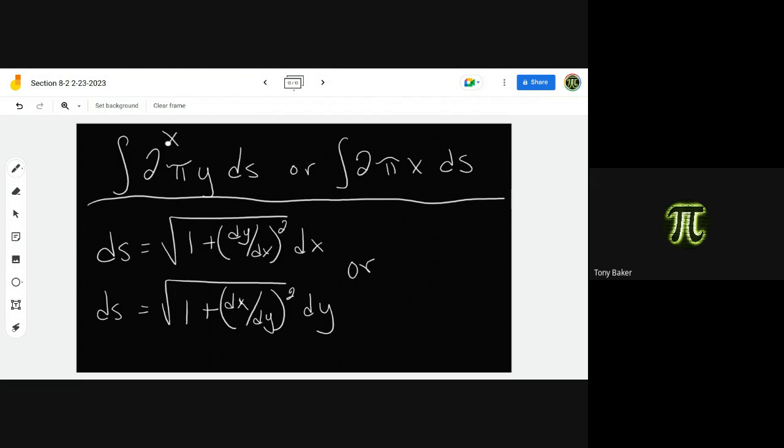So this is x-axis, and this is y-axis. This would be y equals something, and that would be x equals something. Okay? Does that part make sense with what I wrote? I'm going to show you how to mix and match it in a second.